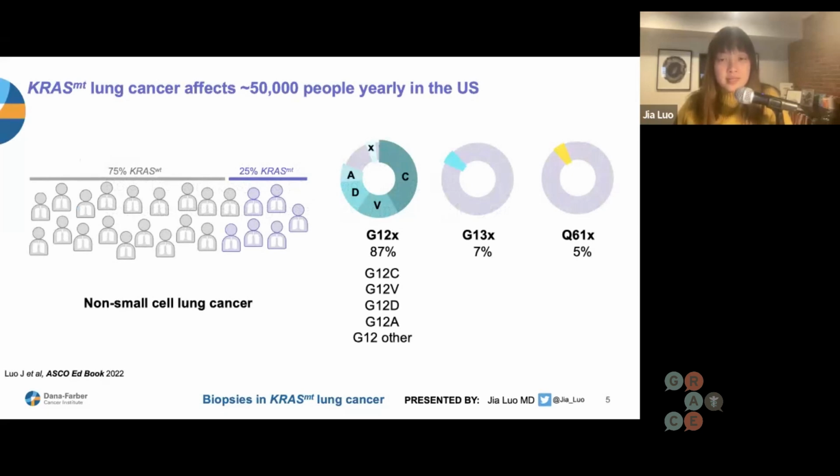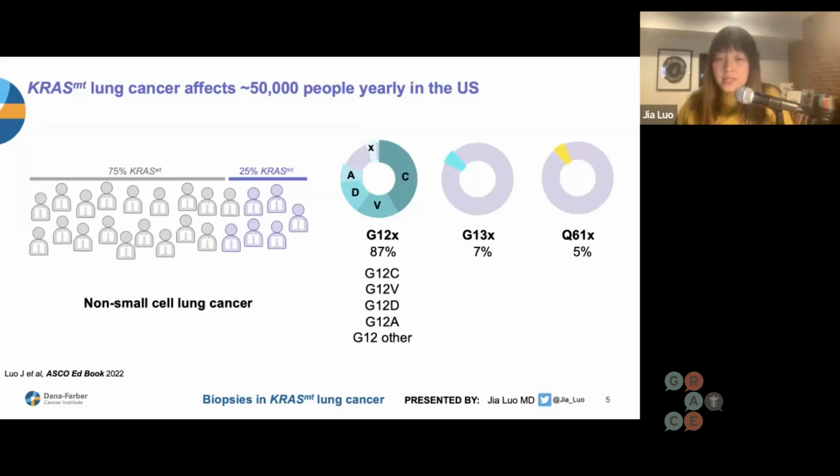Shown on the right-hand side, not only is KRAS mutated in these cancers, but it has a different mutation in different KRAS mutant lung cancers. The pie charts show the distribution of the actual mutation itself. These mutations change just a single amino acid in the KRAS protein.